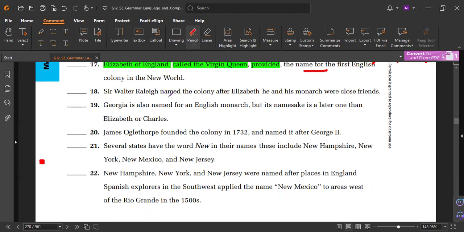"So, Sir Walter named the colony after Elizabeth. He and his monarch were close friends." That means the writer used two clauses. That is the first clause and that is the second clause. So between them, we need a clear punctuation mark, for example a full stop or a semicolon. Okay. That is one, my dear friend.